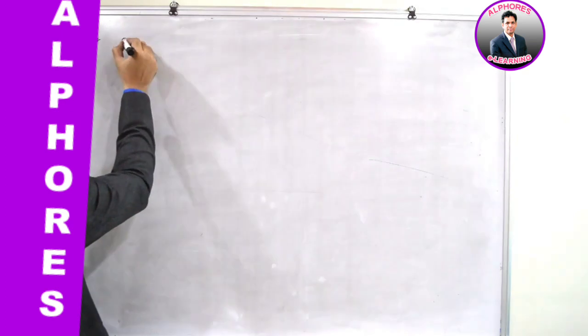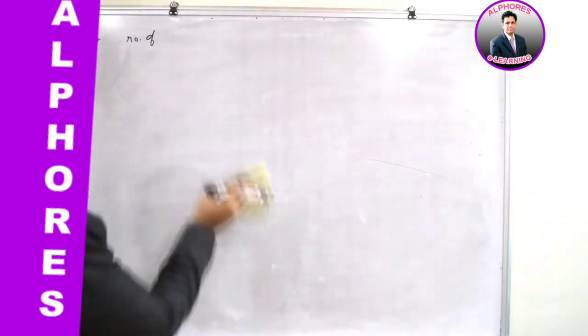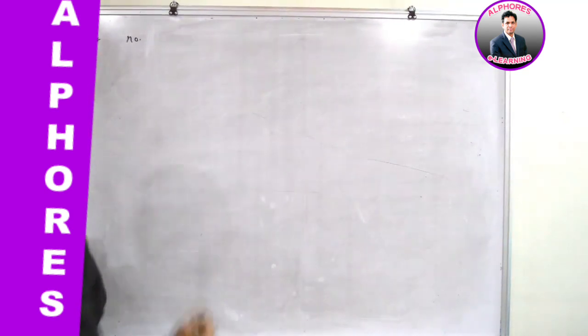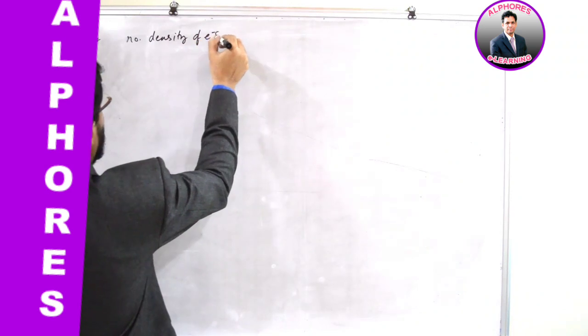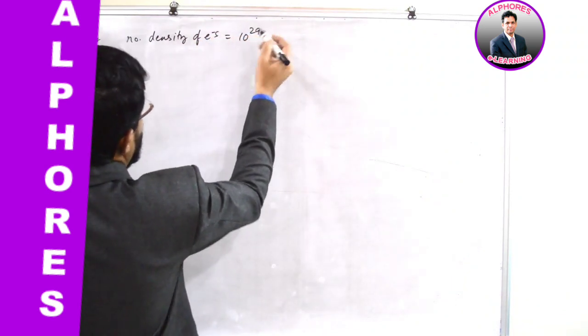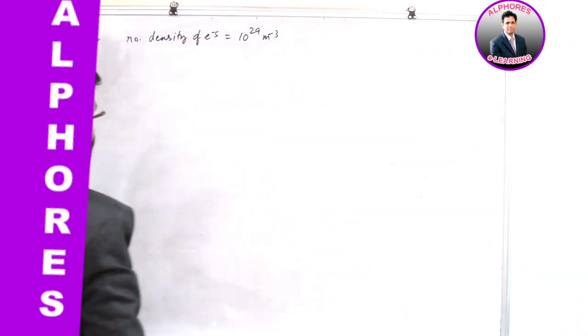How much is the density? Number density of electrons is approximately 10 power 29 per meter cube.